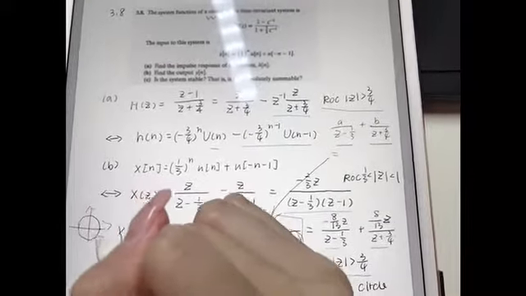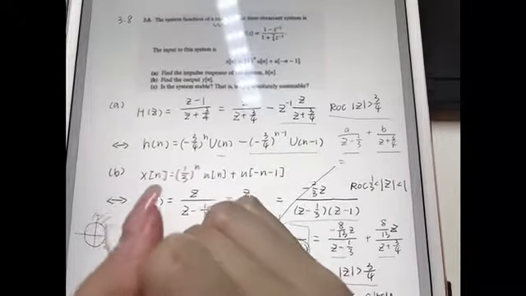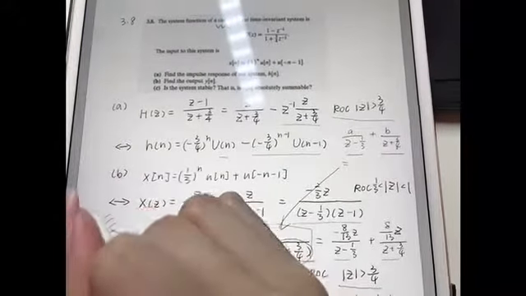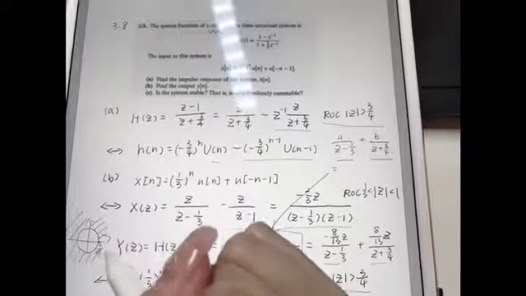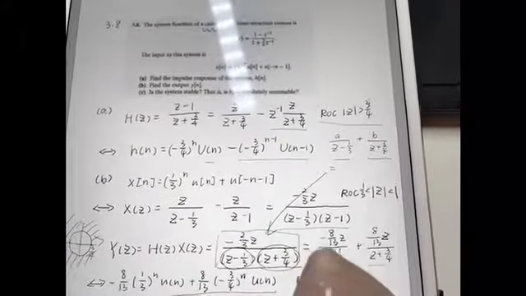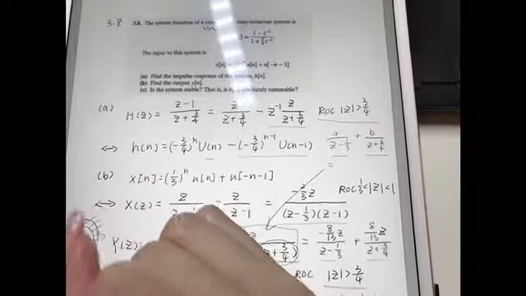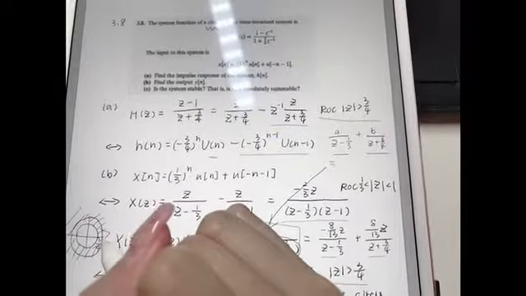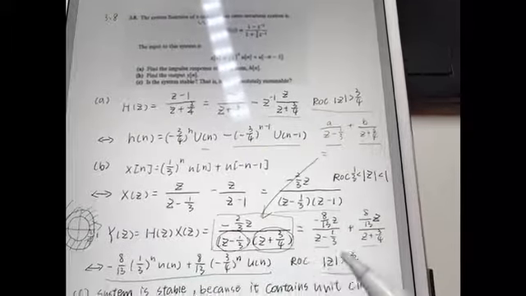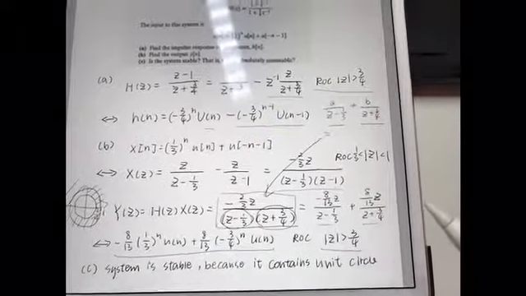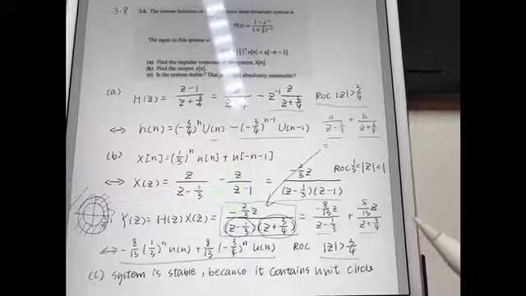This point is 3/4, and this is the outer space of the circle, and this area contains the unit circle, which has a radius of 1, so it is stable. And that is the solution of this question.